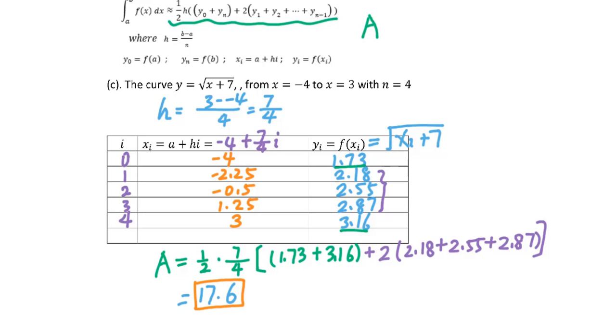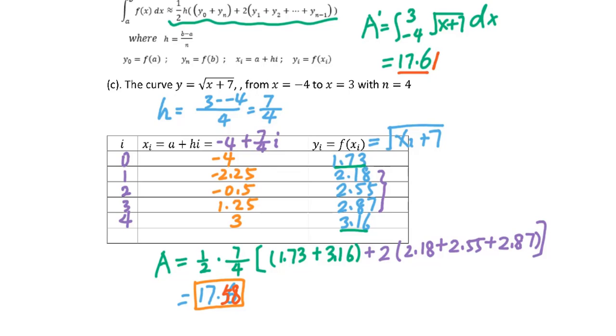For A prime, the accurate answer for the definite integral from negative 4 to 3 of the square root of x plus 7 dx, the answer will be 17.6. So they are almost the same. To get 2 decimal places, here's 17.61 and this part is 17.58.